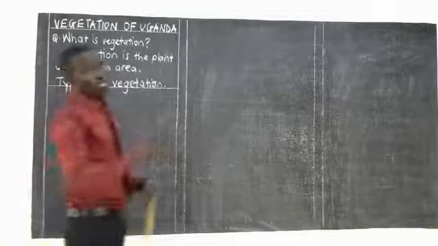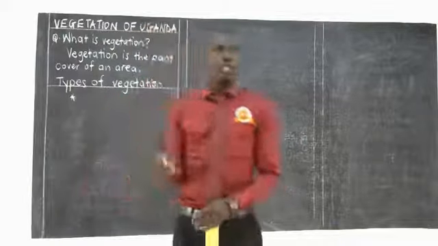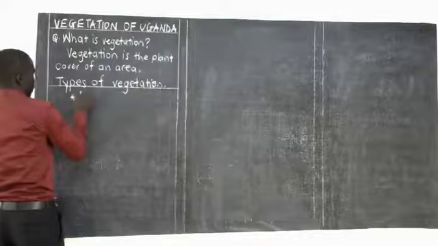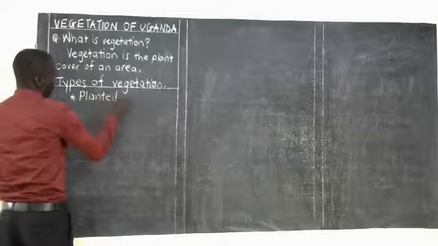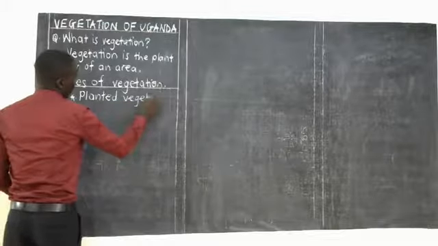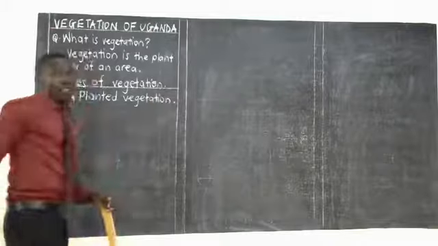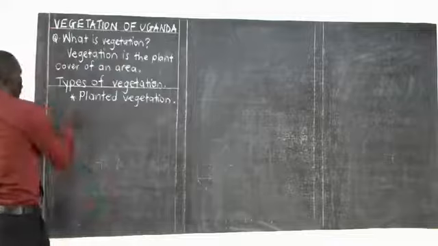One of them is planted vegetation. Then the second one is natural vegetation.